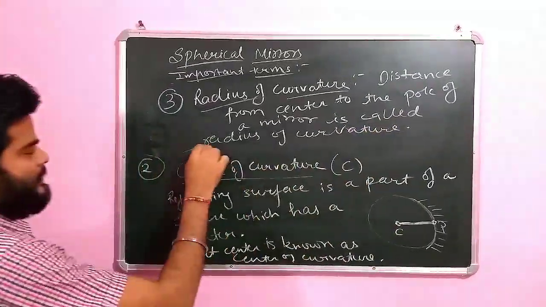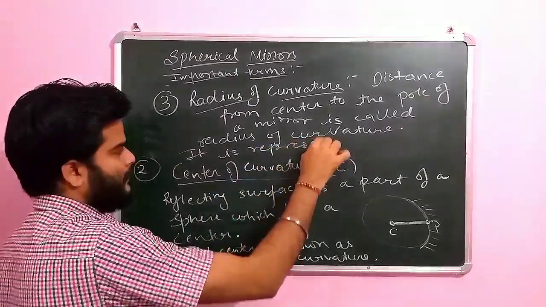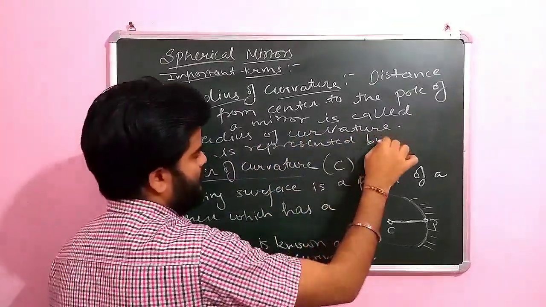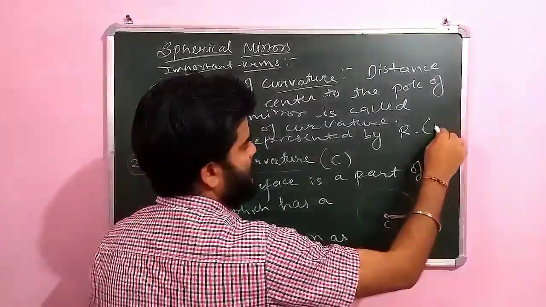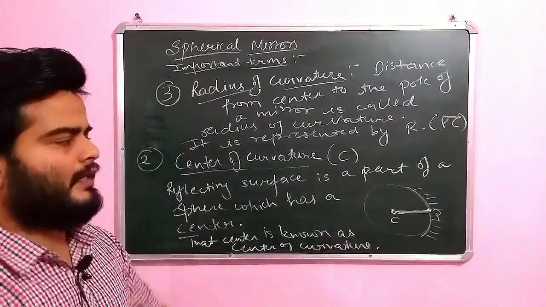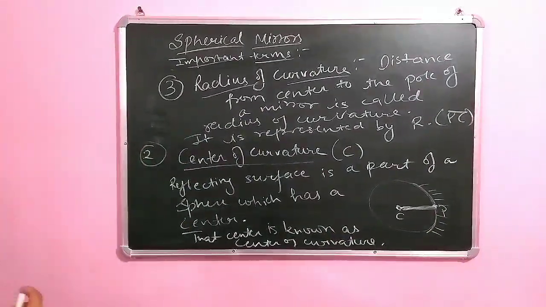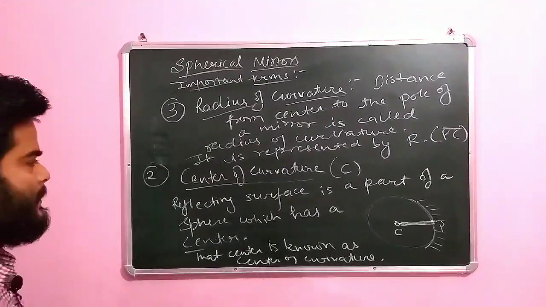It is represented by capital R. And you can also write it down as the distance PC. This is the radius of curvature. Note it down. You can pause the video.